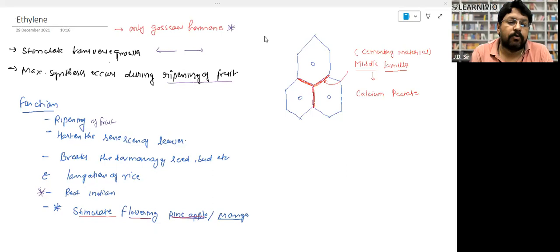That's why fruit becomes softer after ripening.